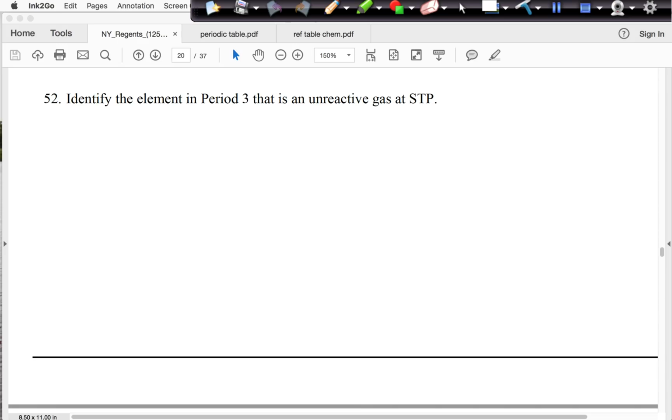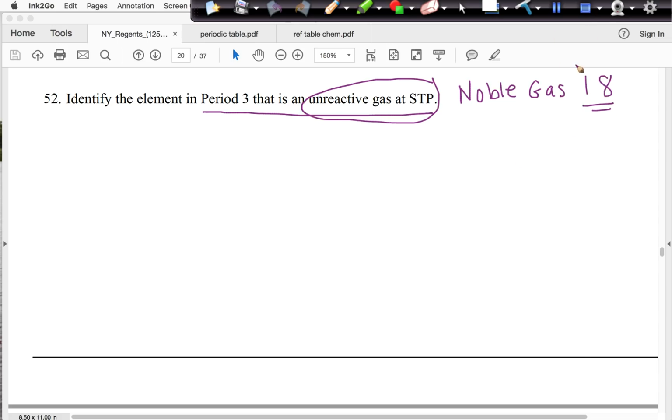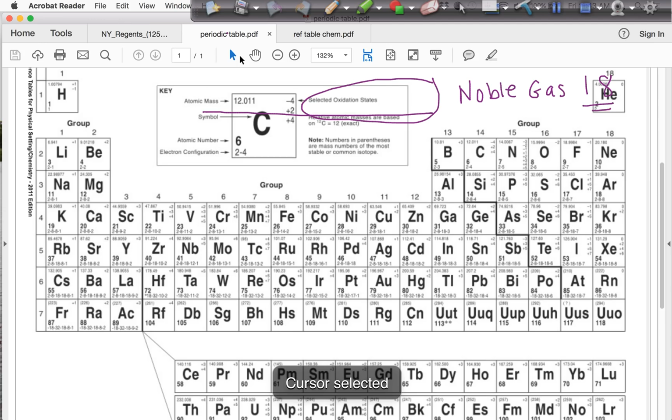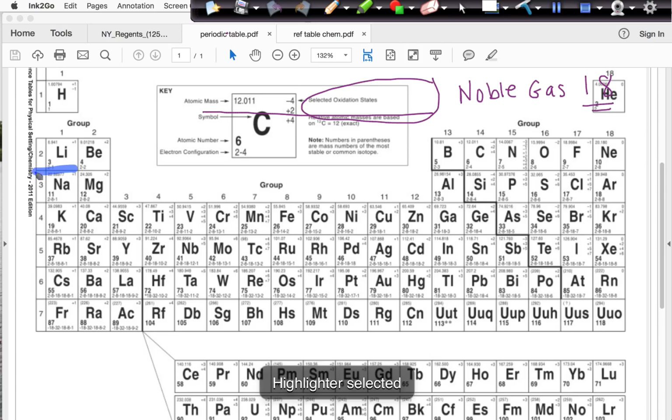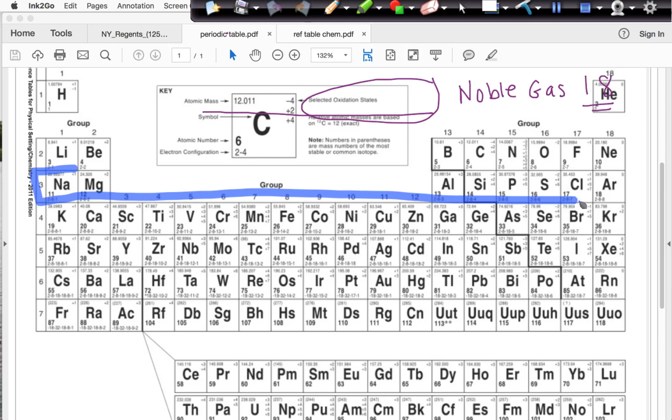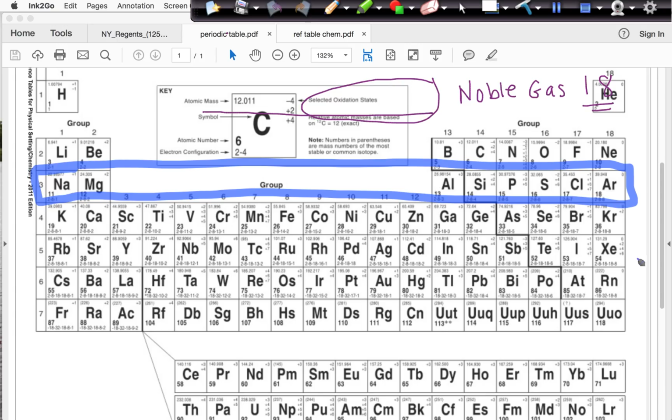For number 52, period 3, unreactive gas at STP. Remember, these unreactive gases are in the noble gas group, which is group 18. To find which noble gas is in period 3, we look at the periodic table. Remember that periods are the horizontal rows that go across.